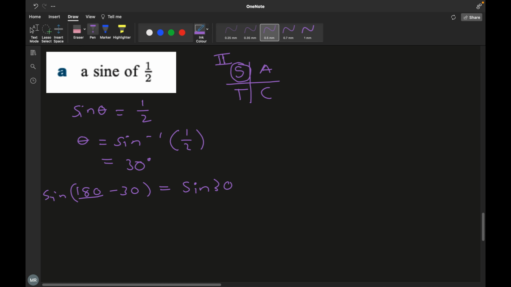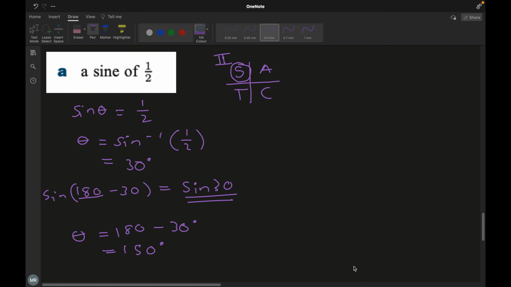So it's going to remain the same, and it's going to be positive because it's in the second quadrant. Thereby we get sine 30. So therefore, theta is also equal to 180 minus 30, which is 150 degrees. So our answers are 30 degrees and 150 degrees.